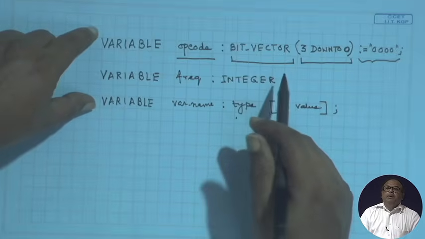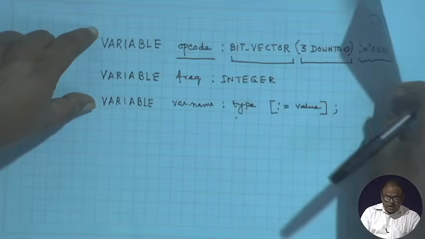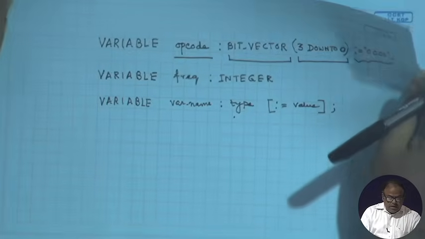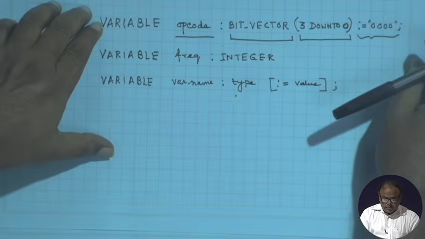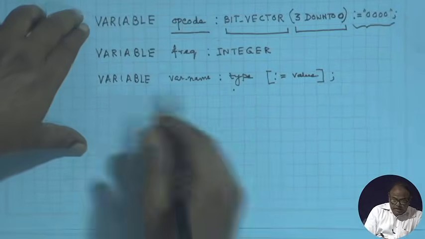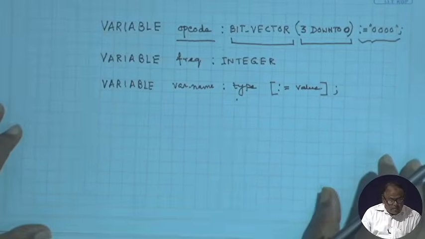Similar to variable, we also have another interesting thing in VHDL, that is known as signal.